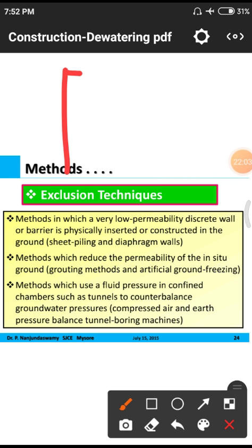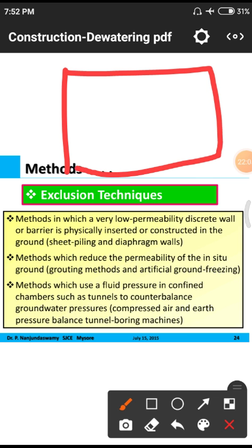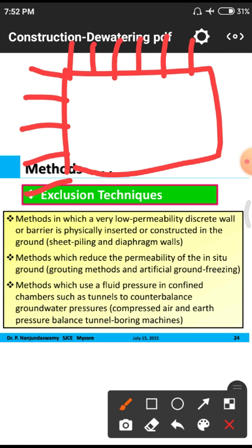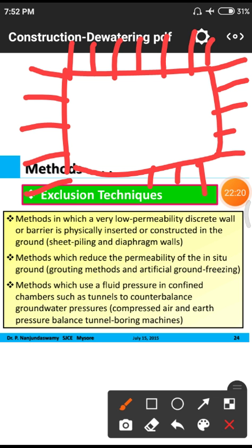Normally it is an area in the form of a square shape, and these are the sides of that particular area. We need to use these sheet piles and diaphragm walls to arrest the entrainment of water into our field.